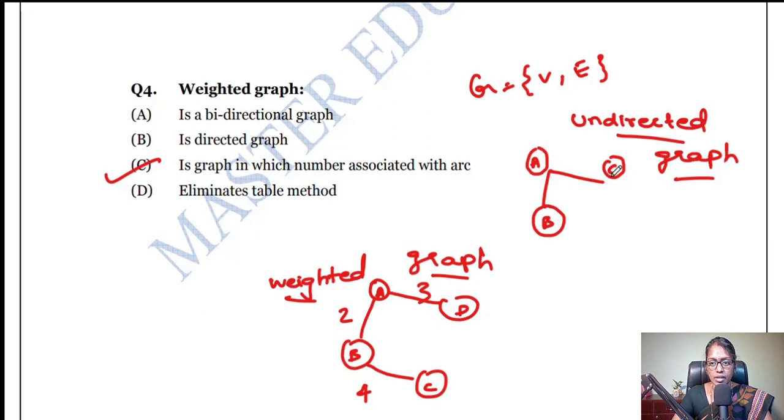This is an undirected graph, not a bidirectional or directed graph. Weighted graph means you are just assigning some values to these edges. See here, A to B, you are assigning an edge weight of 2. For this edge I am assigning some value, that is called a weighted graph.